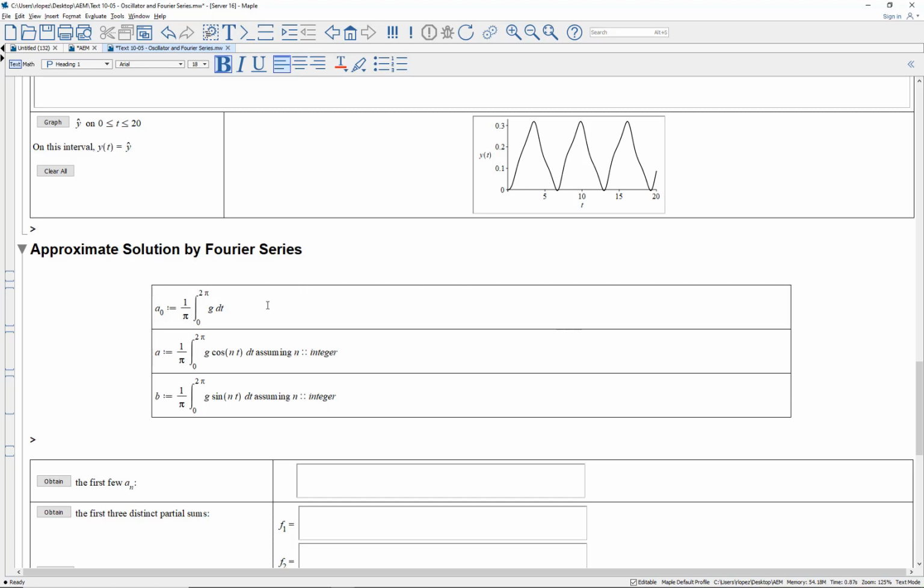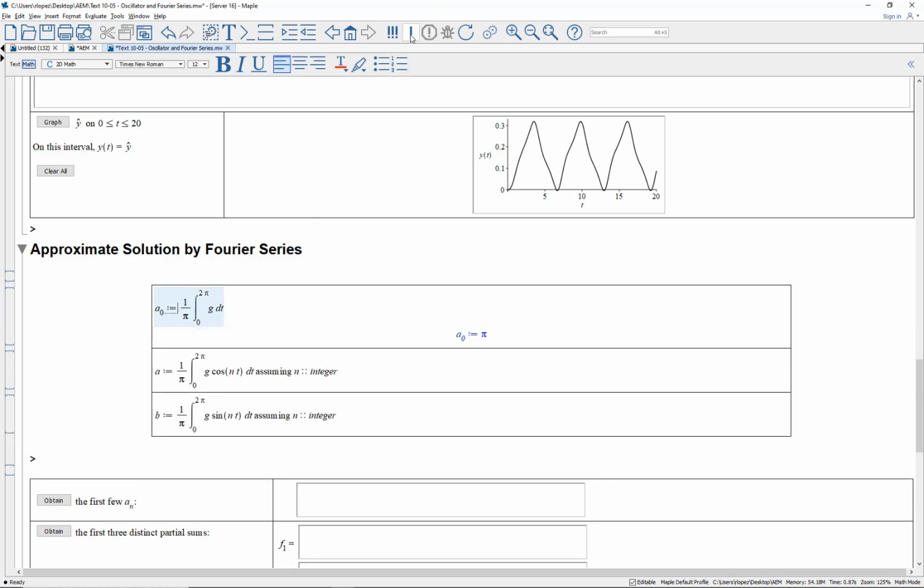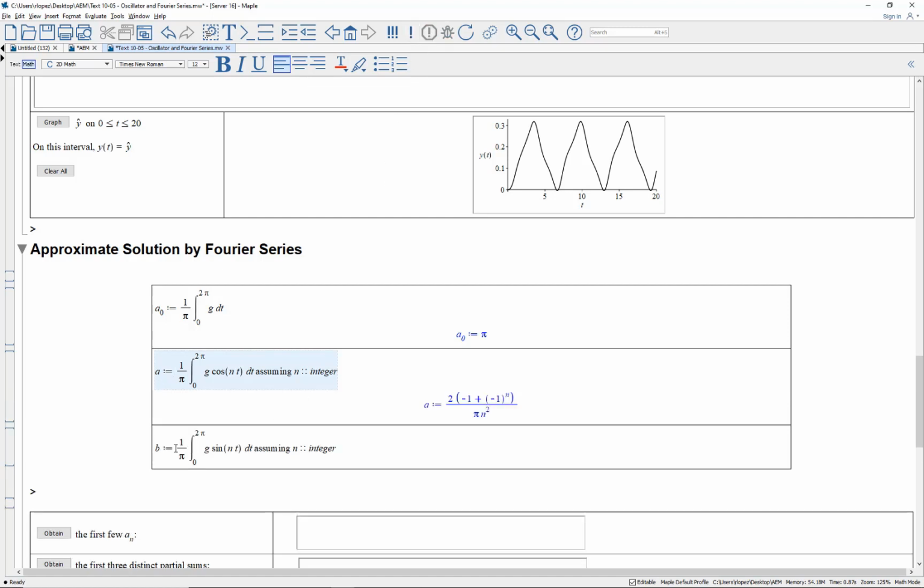What you do is you expand the driving term in a Fourier series. Well, you can do that by integrating g, because this is a periodic extension. And here are the Fourier coefficients.